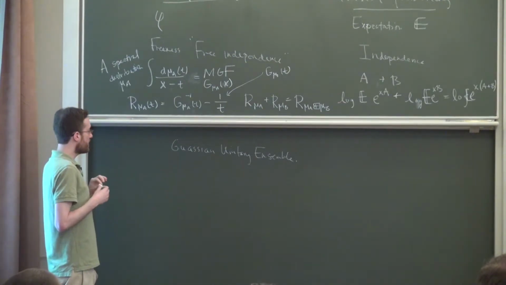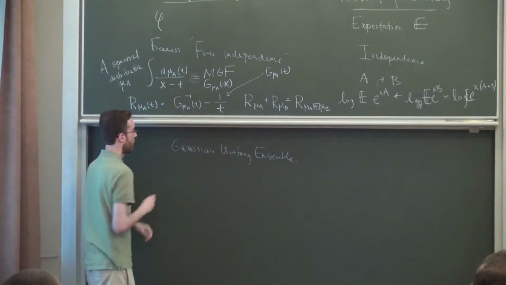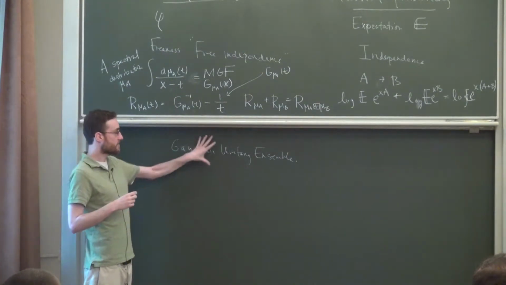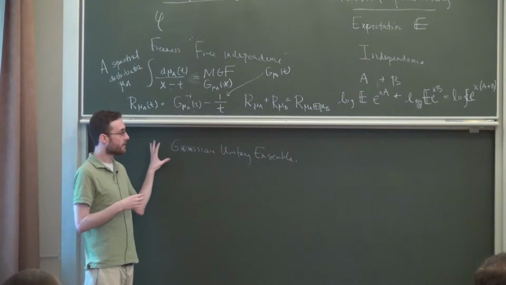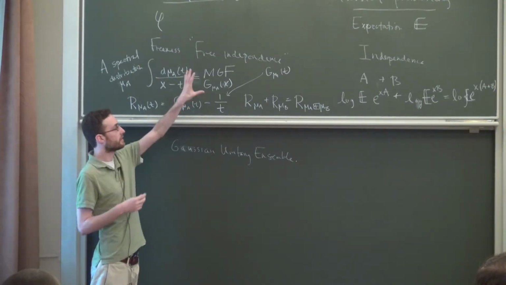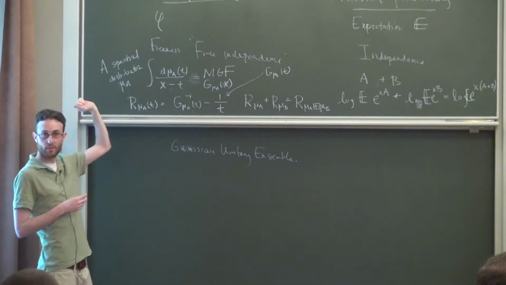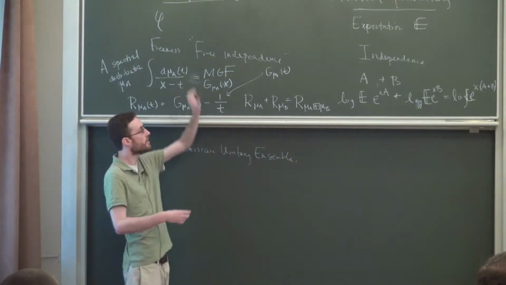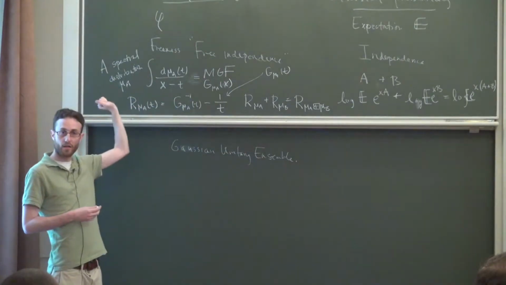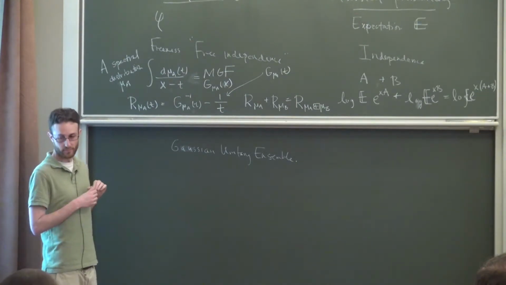What you get is that in the asymptotic limit, as the dimension gets big, the distribution of the eigenvalues of this thing is exactly the distribution of the eigenvalues of these free things. So if you added two of these together, it would be like adding two things together freely. Okay.